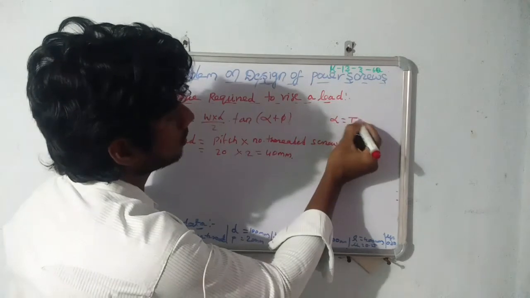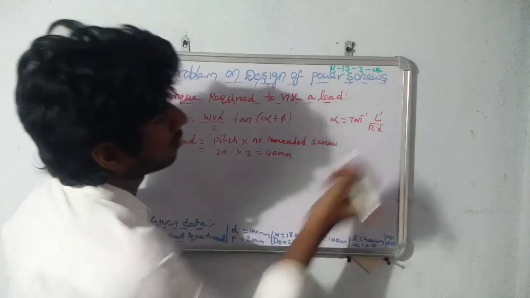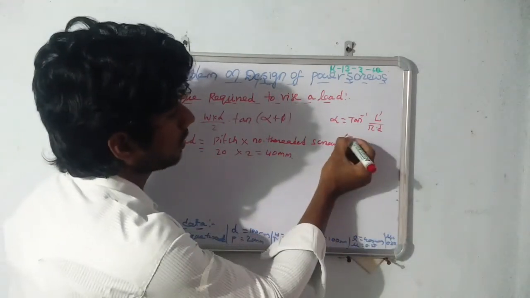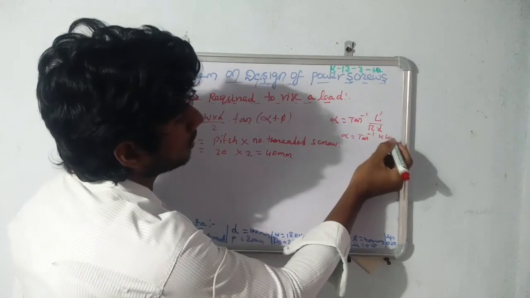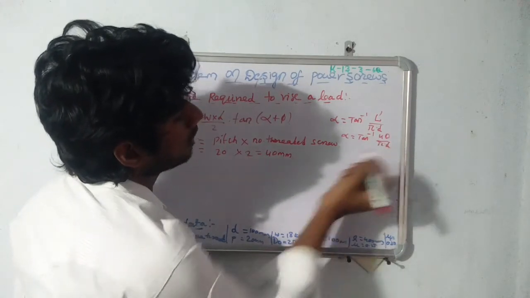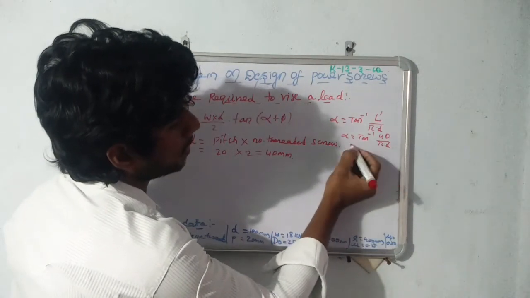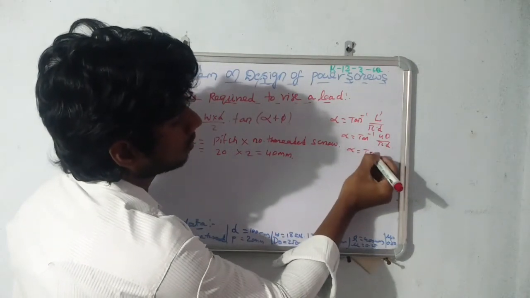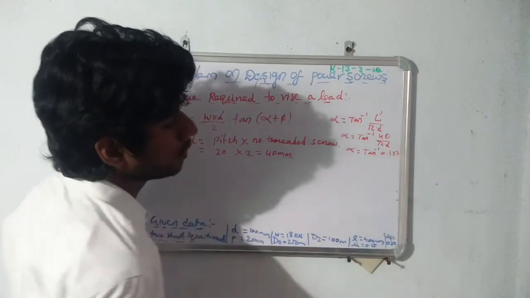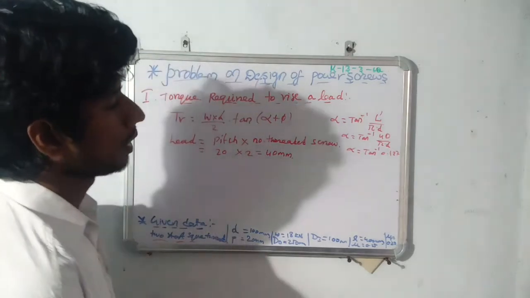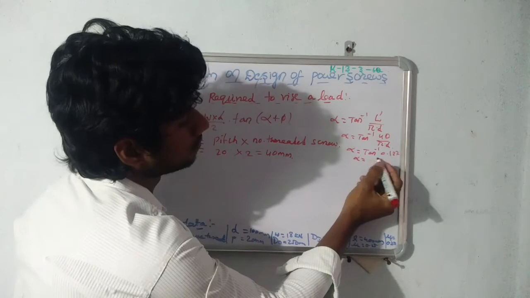Here alpha equal to tan inverse of L dash by pi into d, so alpha equal to tan inverse of 40 by pi into d. The d is the 100 mm diameter. By substituting that, we get tan inverse of 0.127.